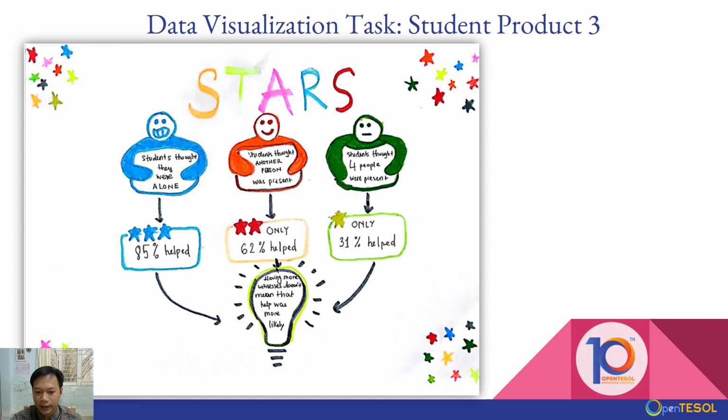For the conclusion, they use the light bulb. So I could say this is one of the very effective data visualization products, and the other groups like the Team Startup could learn from Team Stars.